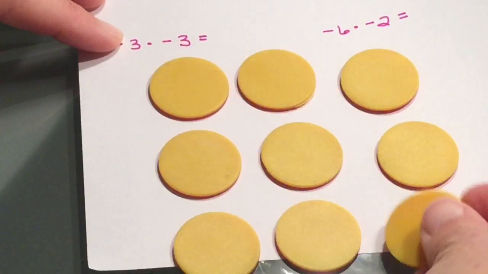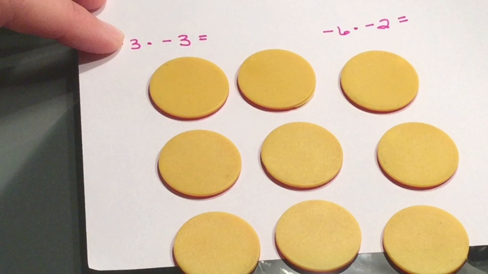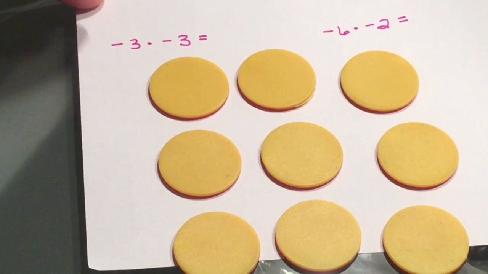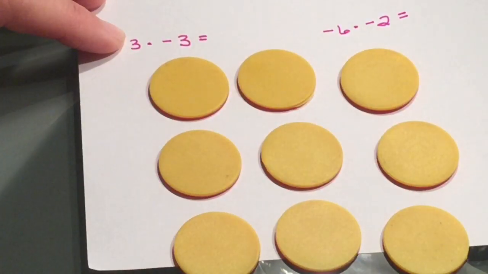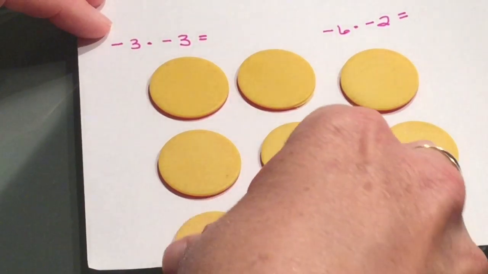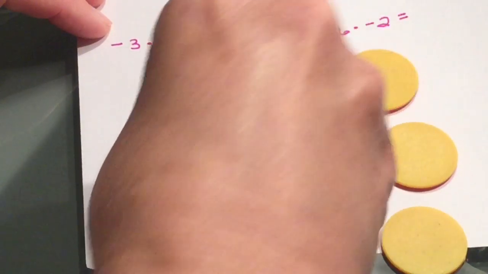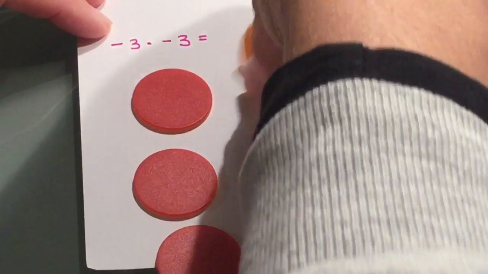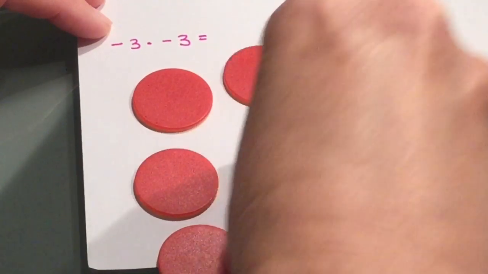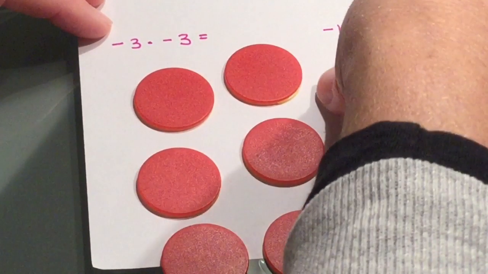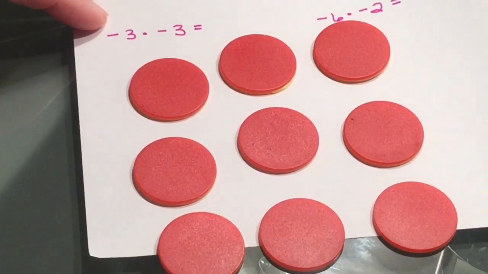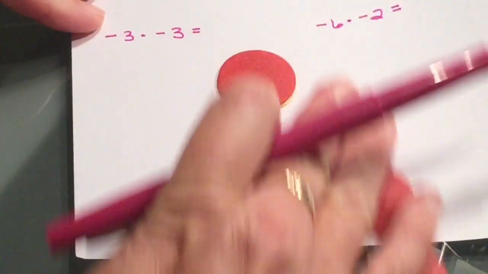And this is the part that gets tricky, but if you think about it, if I've got this negative out in front here of my 3 sets of -3, really all I'm doing is saying I want the opposite of this, or I want -3 sets, which is kind of hard again to think about. So all you're really doing is the opposite of what you just had on there. And so what you actually end up with is +9 there.